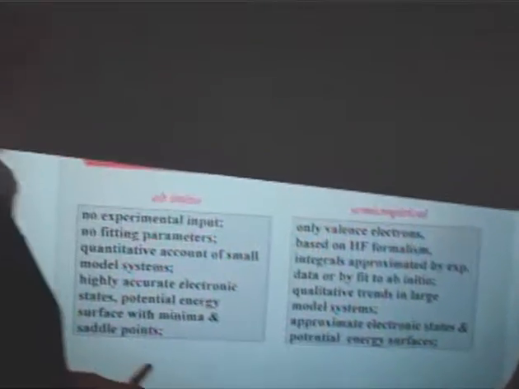We are getting very highly accurate electronic states and potential energy with all the characteristic points: minima, maxima, saddle points. The problem is that with this approach we are still dealing with relatively small models. However, frankly speaking, the small models are becoming larger and larger from year to year.